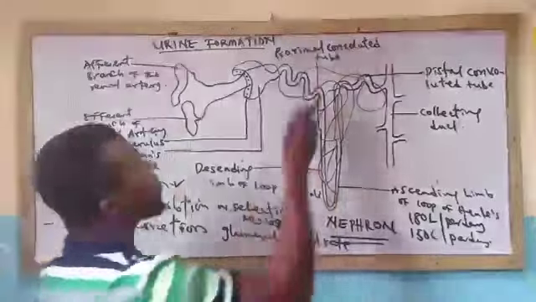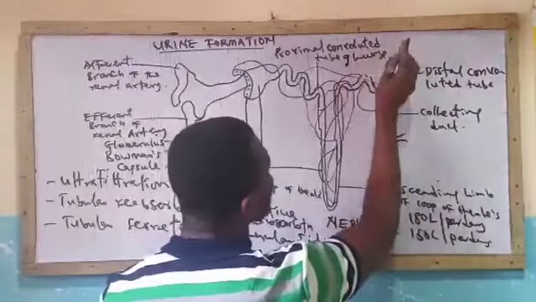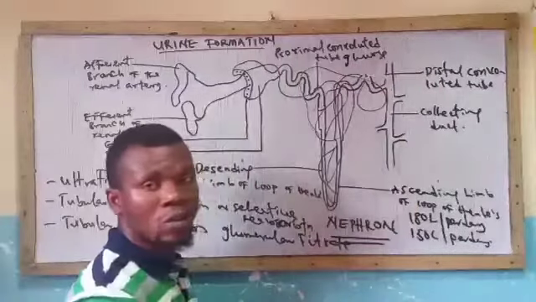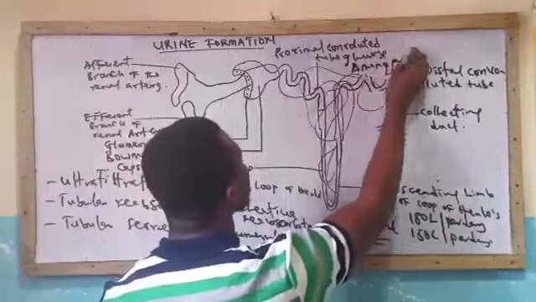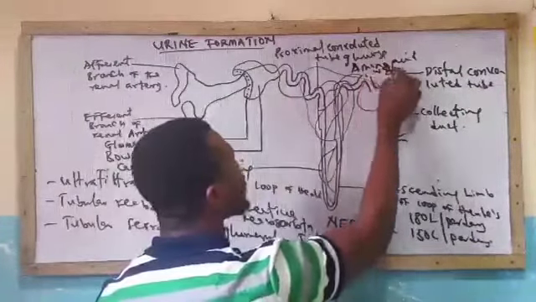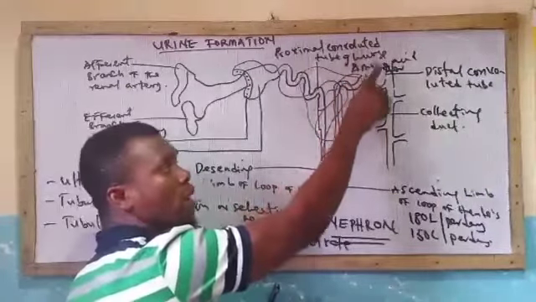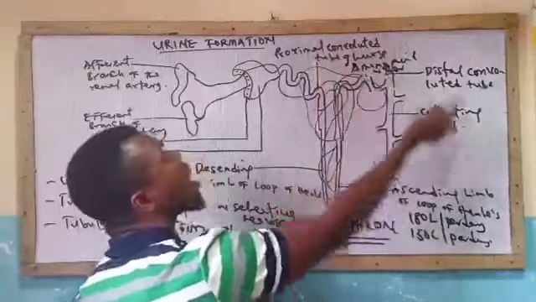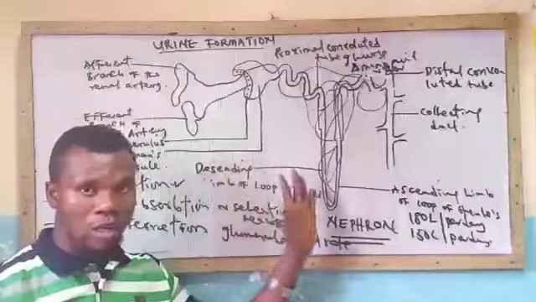That is all of the glucose, all of the amino acids, and part of the water, because it's a normal kidney.